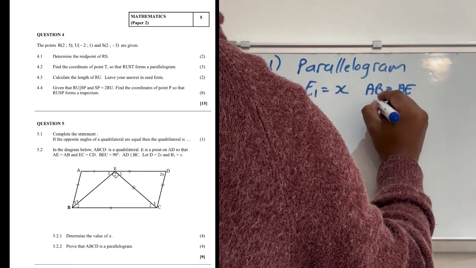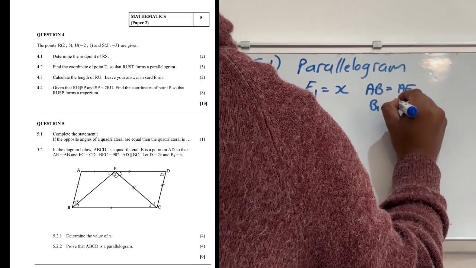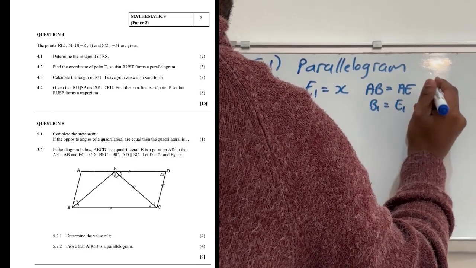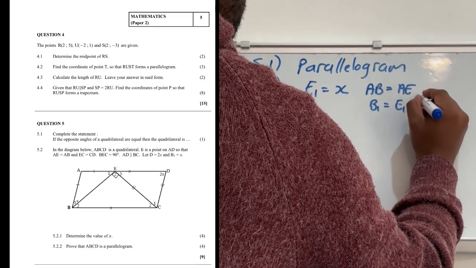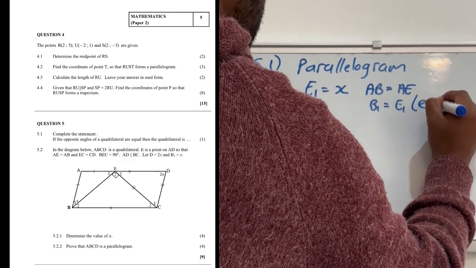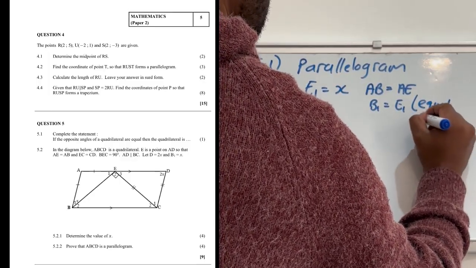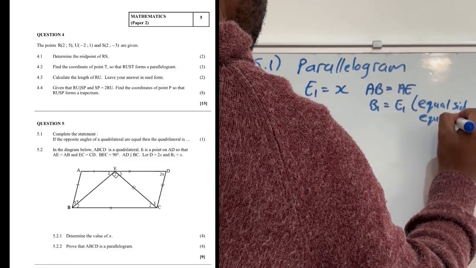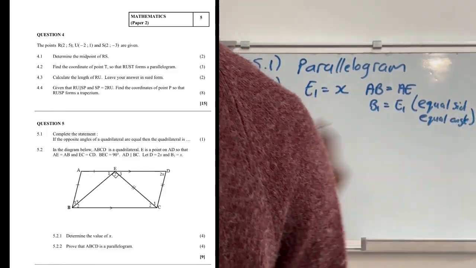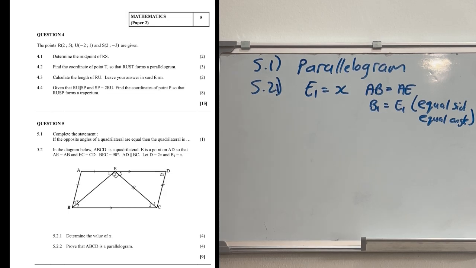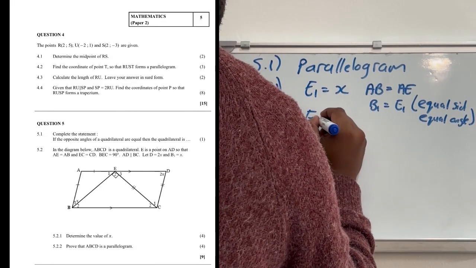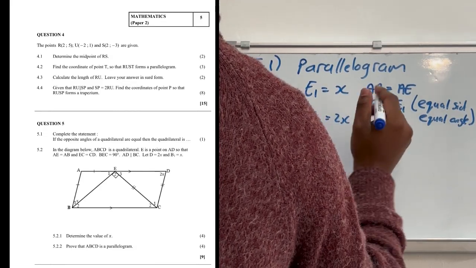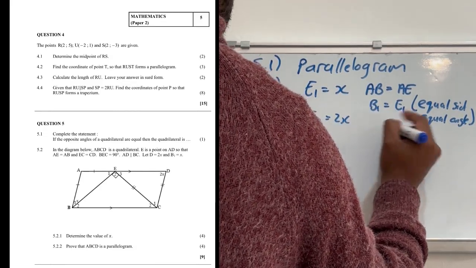So B1 is equal to E1: equal sides, equal angles. Then E3 is also 2x. It's basically the same: equal sides, equal angles.